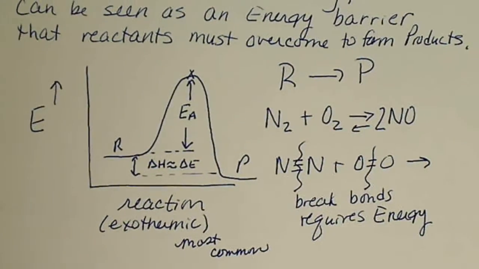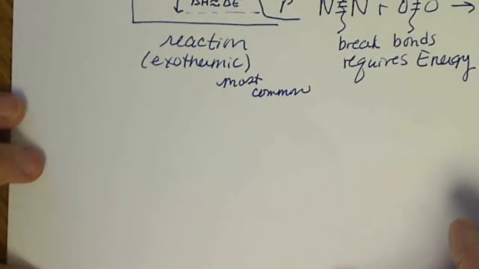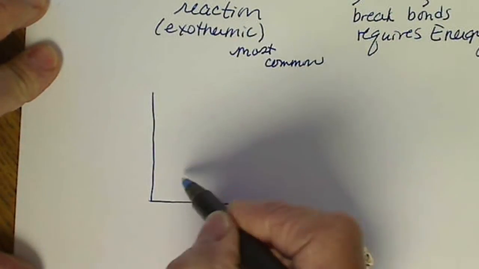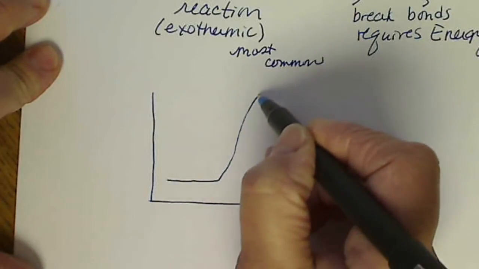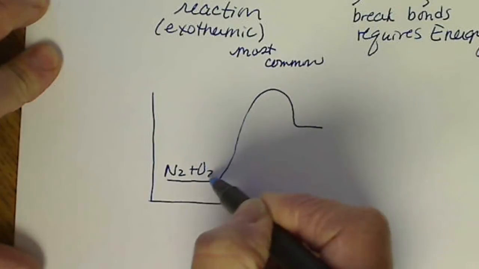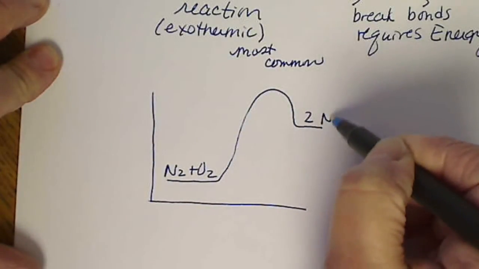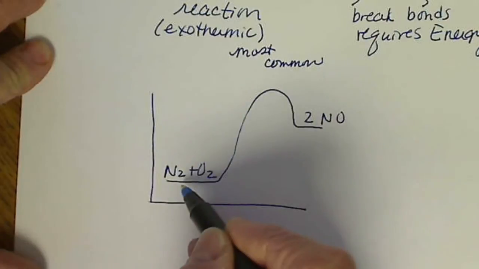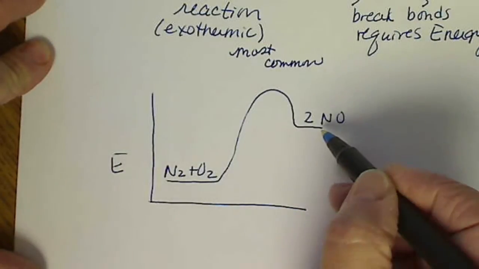If we look at an endothermic reaction, for example, this one, if we had N2 and O2 making two NOs, here the reactants are lower in energy than the products.